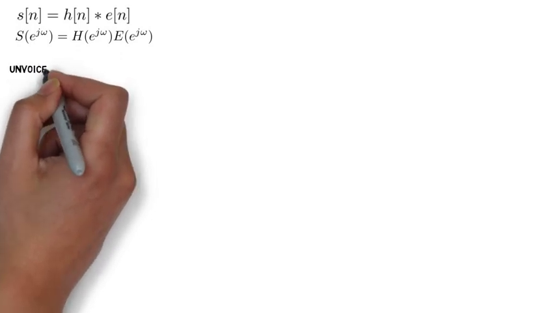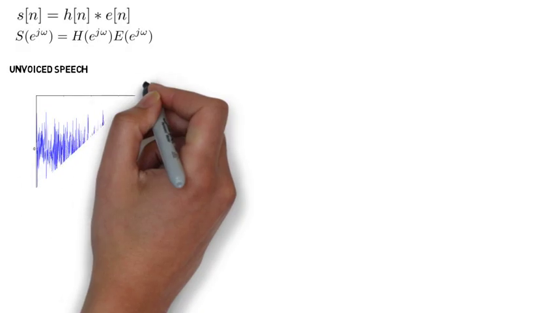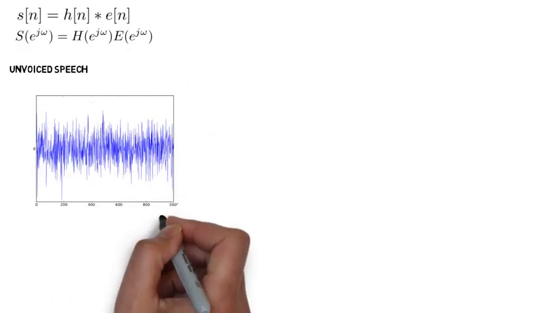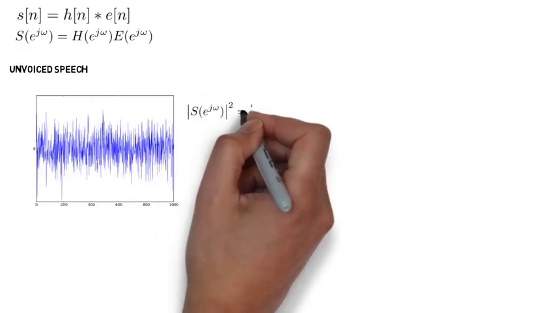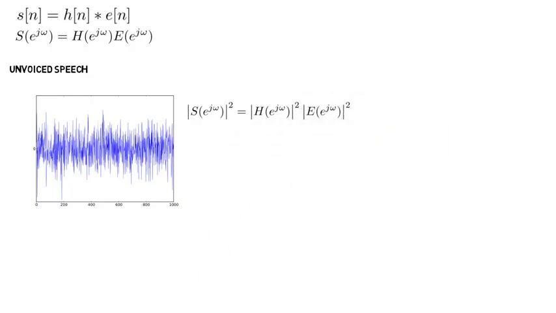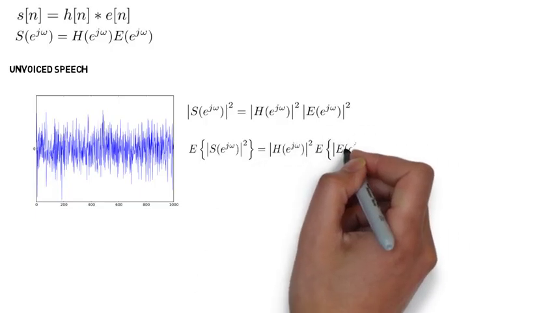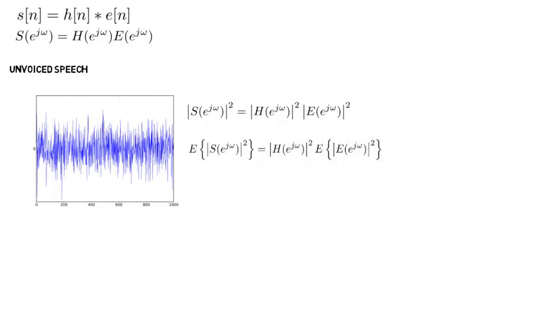For unvoiced speech, the excitation signal is essentially white noise. White noise is a good model of turbulent excitation. So the magnitude squared, the periodogram of speech, is equal to the periodogram of the excitation multiplied by the magnitude squared of the filter. So the expected value of the speech spectrum, the speech is a random signal now, right?